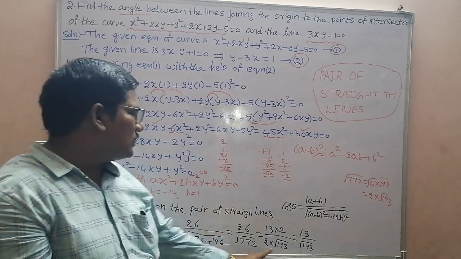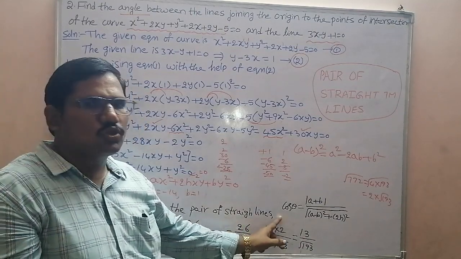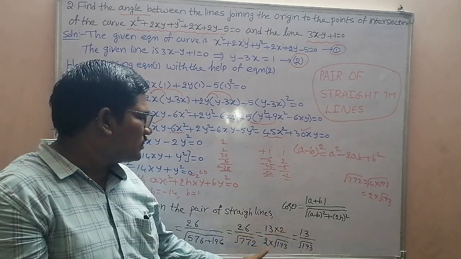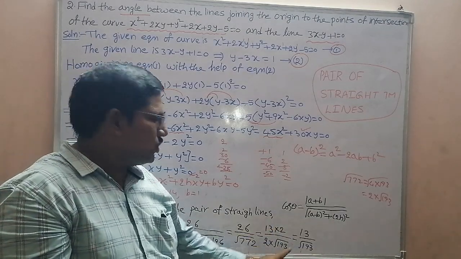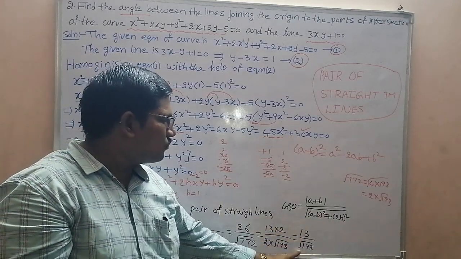Then 26 over 2 root 193, the 2 cancels with 26, giving 13 by root 193. So the final answer is 13 by root 193.